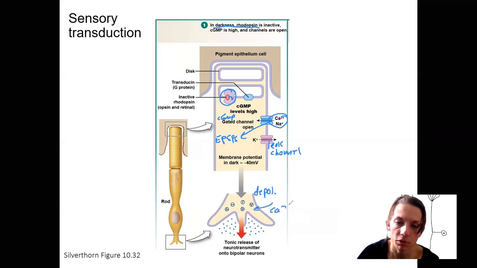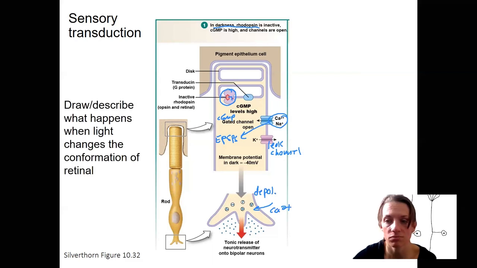Calcium will flow in to the synaptic terminals and allow for neurotransmitter release, calcium-dependent vesicle release. You should be able to do this: pause the video, and actually draw out the same cell, but with light.